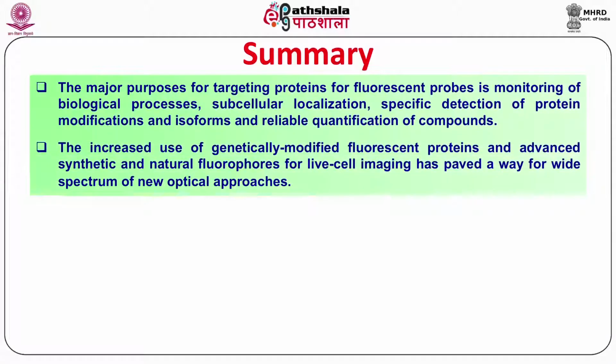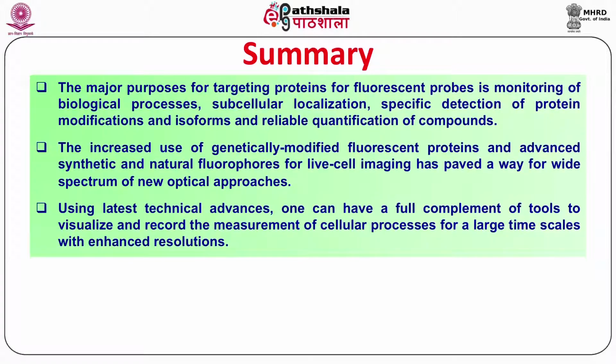The increased use of genetically modified fluorescent proteins and advanced synthetic and natural fluorophores for live cell imaging has paved the way for a wide spectrum of new optical approaches. Using the latest technical advances, one can have a full complement of tools to visualize and record measurements of cellular processes over a large time scale with enhanced resolution.